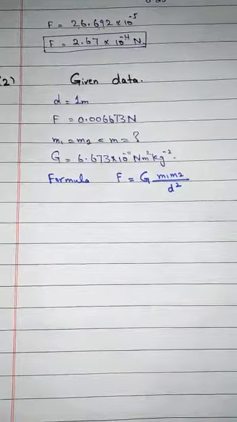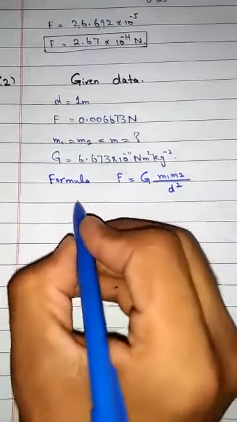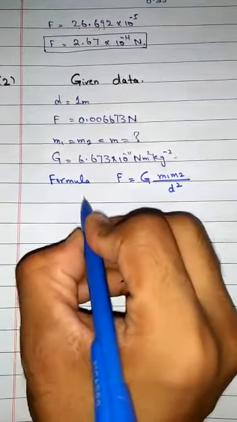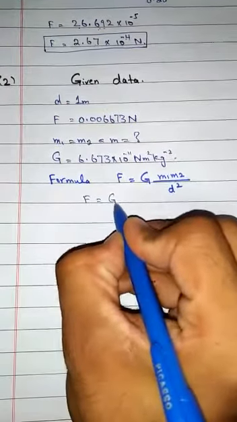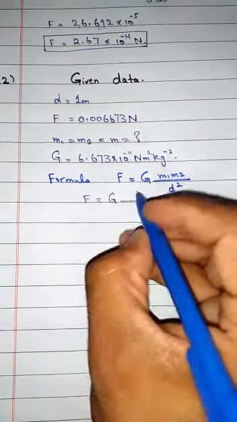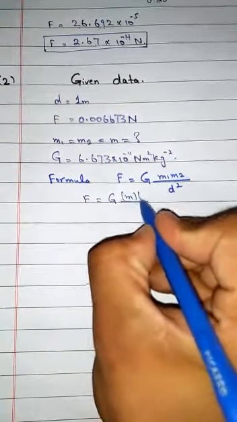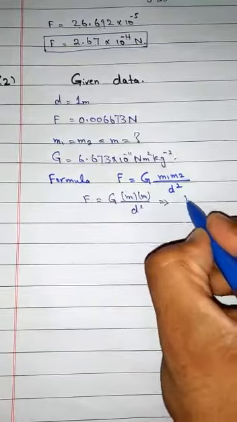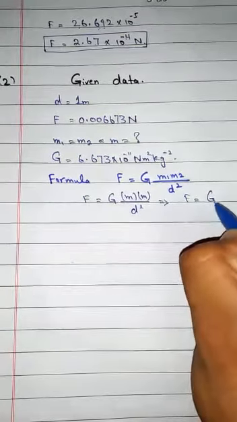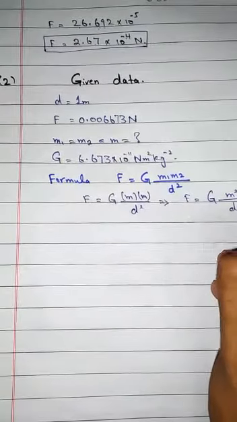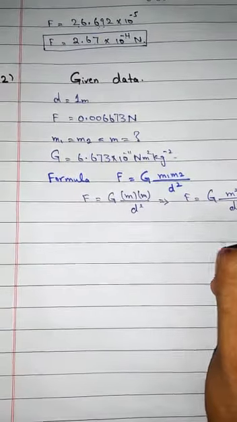Now by using the values, it can be replaced like this: m1 is equal to m2, so m into m divided by d², and it can be in either form. You can use F is equal to G m square over d square. We have to find m.